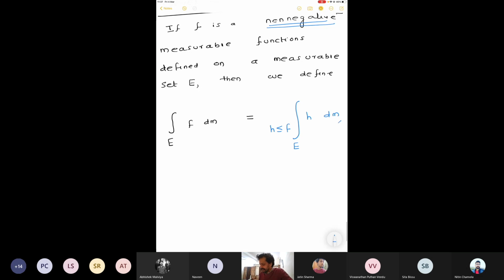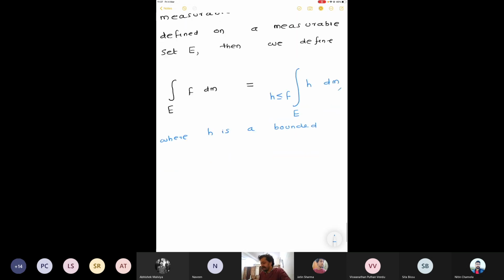Where h is a bounded measurable function. You don't know how to integrate a bounded measurable function if the set has infinite measure, and we don't know whether E will have infinite measure or not.